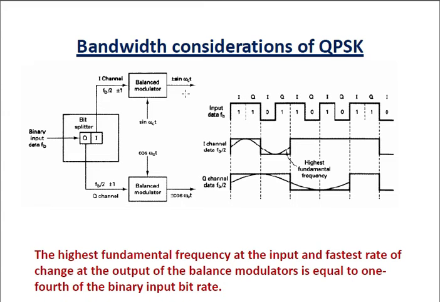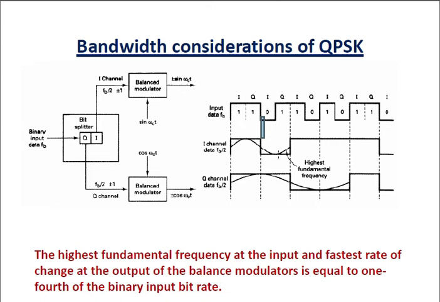Here is the input data, 1 1 0, 1 1 0, 1 0, 1 1 0, and it is an RZ type of binary data. For the I data, once it is logic 1, its output is 1, and if the data is 0, then the wave goes to the negative side.